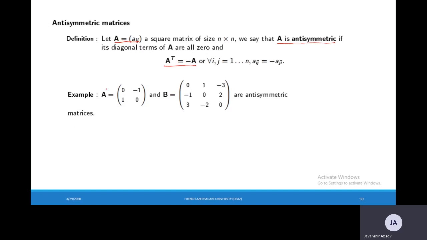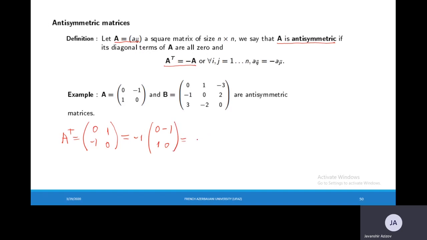If we find the transpose of A, as you see, it will be this one. We write this row as a column, 0, minus 1, and this one as the second column, 1, 0. According to the constant multiple of a matrix, this expression will be minus 1 times 0, minus 1, 1, 0.